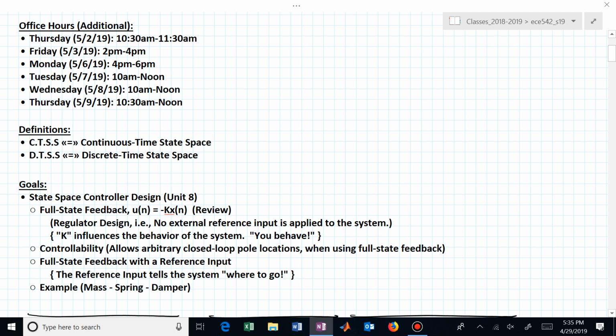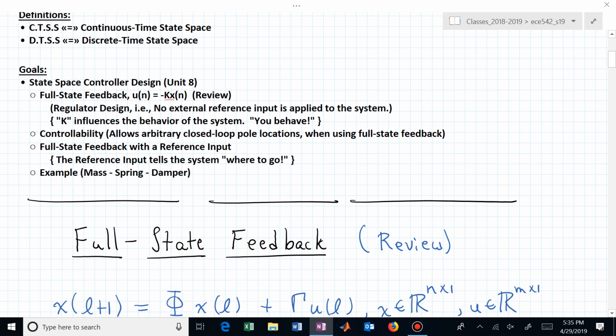Then we'll introduce a reference input, and that now allows us to command the system to move to a particular location or track a certain reference input that we may want to introduce. And then if we have time, we'll talk about a mass spring damper system.